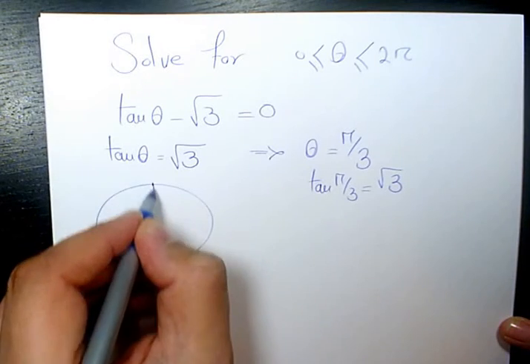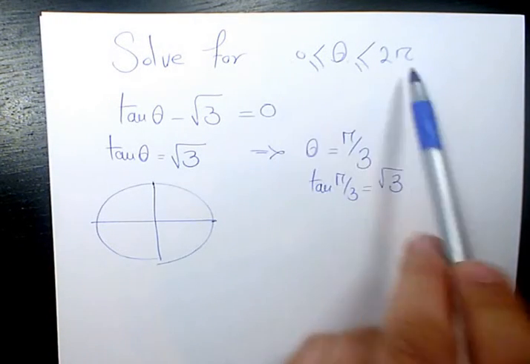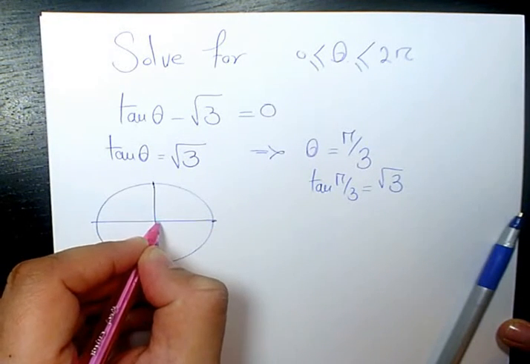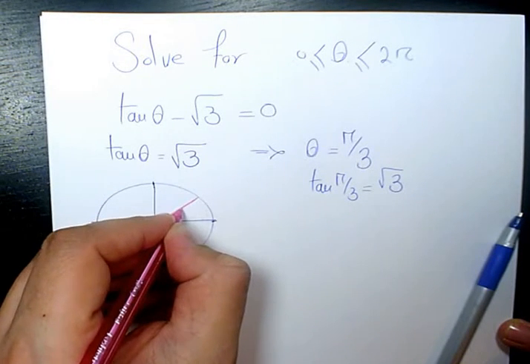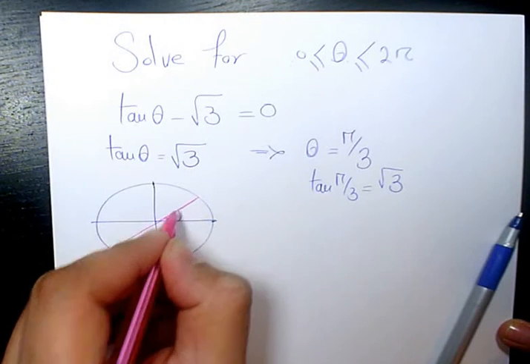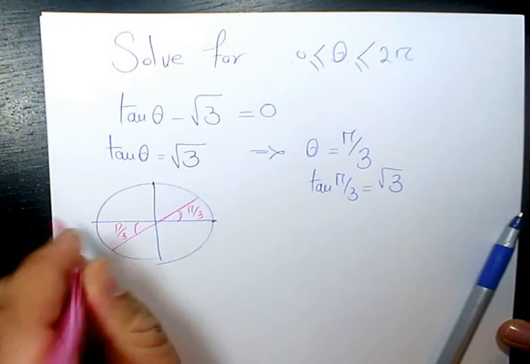And based on the CAST rule, I can find the second answer because theta is changing from 0 to 2 pi. And tan is positive in quadrant 1 and in quadrant 3. So here is pi over 3 and this one is supposed to be pi over 3 as well.